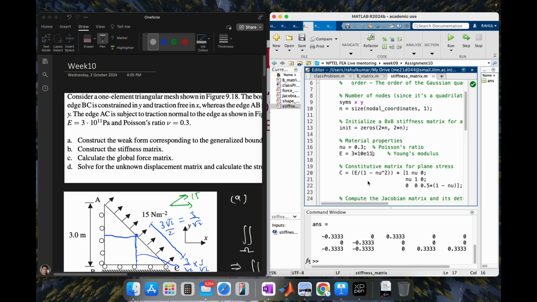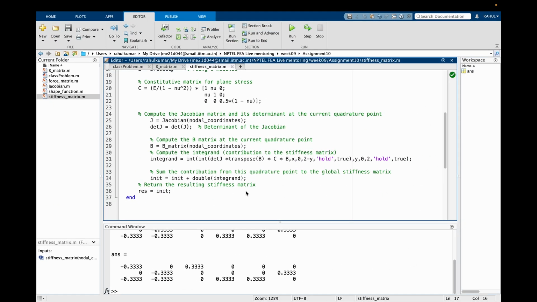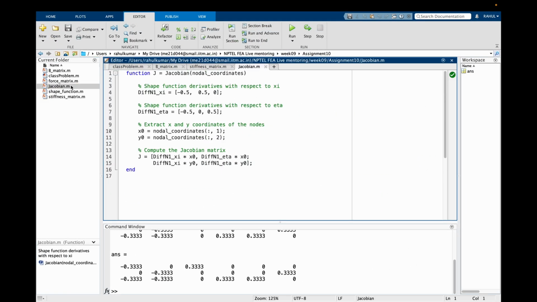Okay, and C is the same. What is the Jacobian? Yeah, here we also need to change it. That will be minus 1 by 3, 1 by 3, minus 1 by 3, 1 by 3.